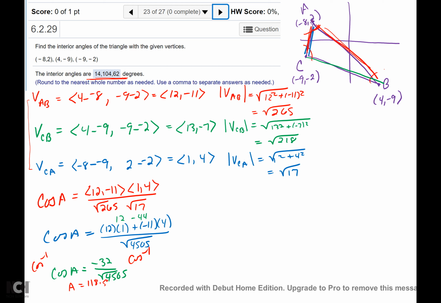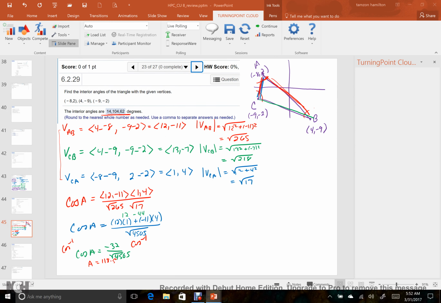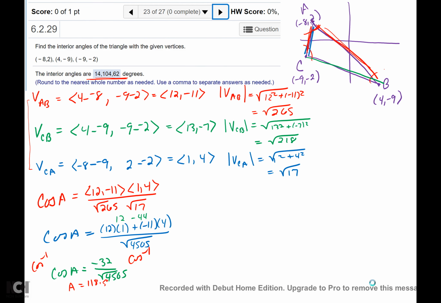Hold on just a second. Okay, I figured it out. Here's where I screwed up. Do you see how I did vector AB, which would be in this direction, and vector CB would be in this direction? Then I did CA, which would be in this direction.